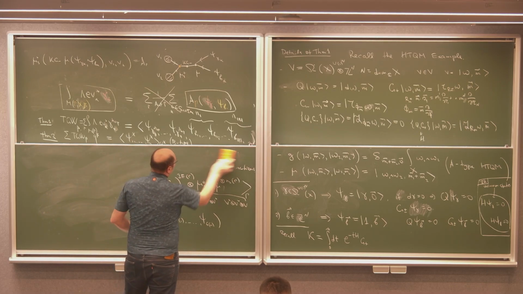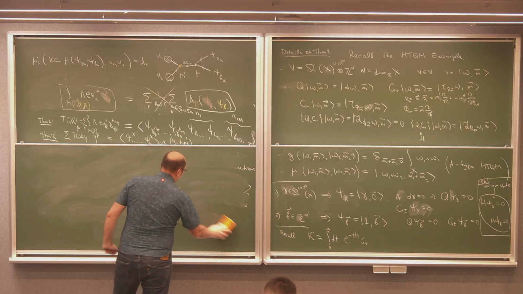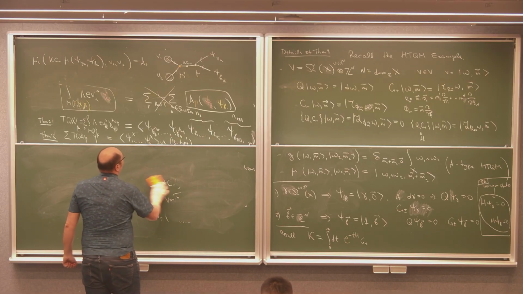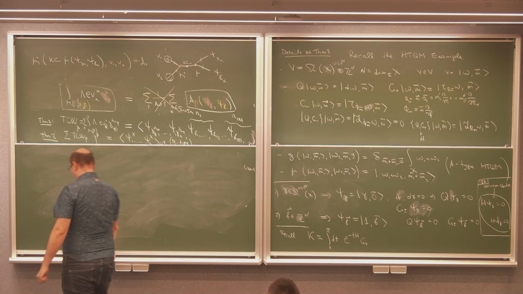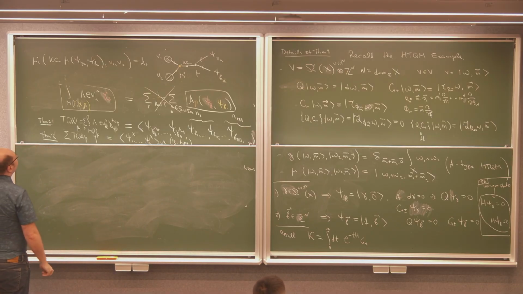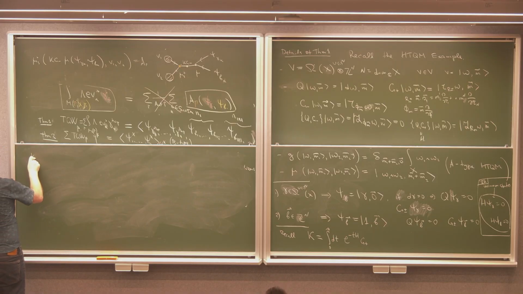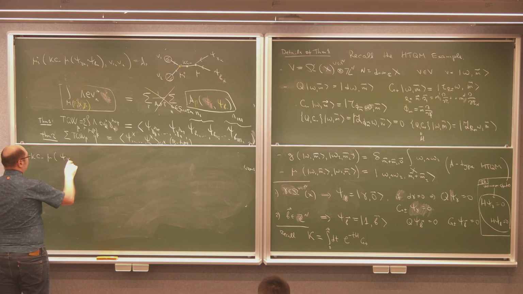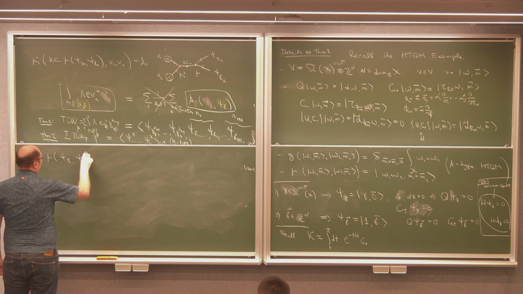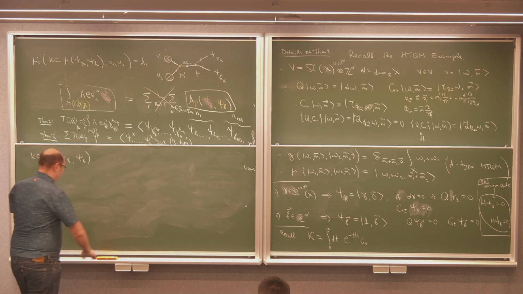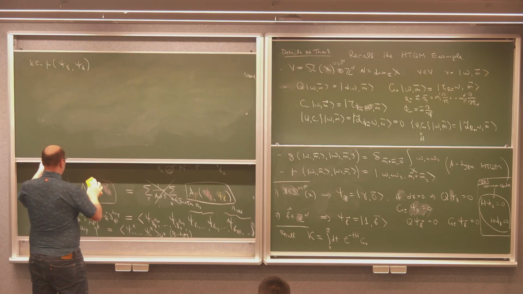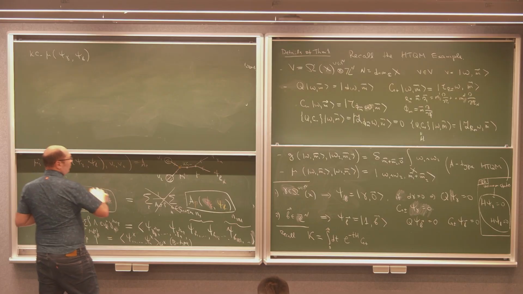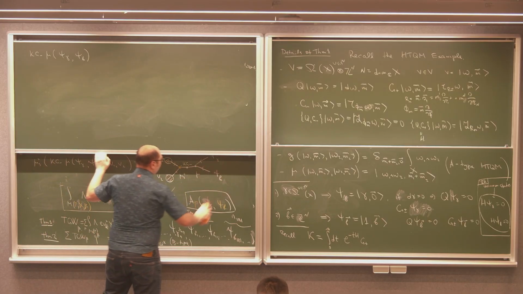The correlation function is essentially a sum of amplitudes. Let us once again look at this expression K g minus mu of psi gamma and psi b. Let me just call it psi gamma and psi b, to avoid being overcrowded with indices.